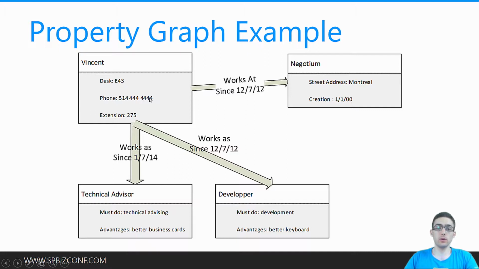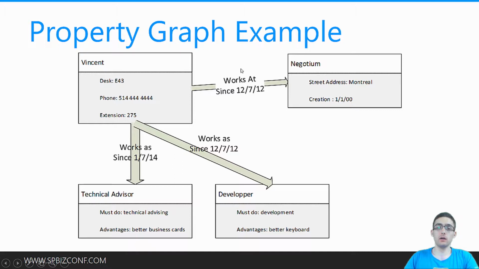Here is my phone number. Here is my extension. Another object is the company, which is Negotium. We have properties like the street address, the date of creation of the company, and then we have a link between these two objects, which is works at.